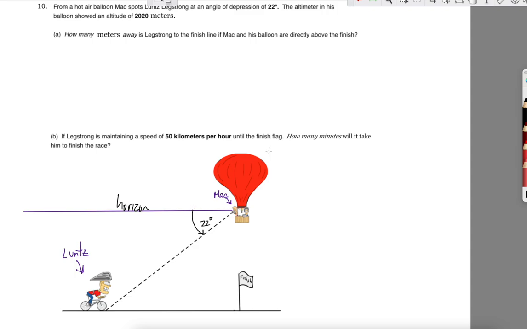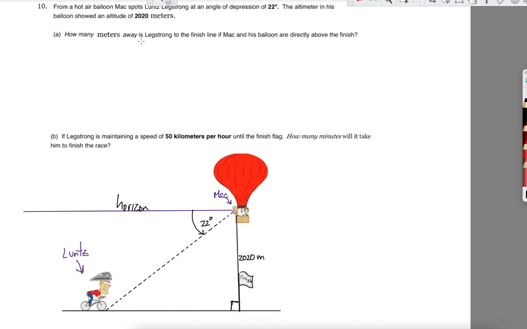The altimeter in his balloon showed an altitude of 2020. So that means this vertical line right here is 2020 meters. It's pretty high in the air. He's over 2 kilometers in the air. Okay. Hope he has a sweater.